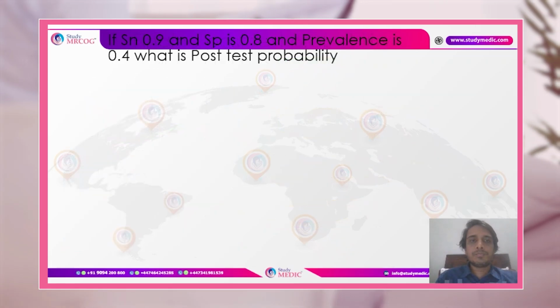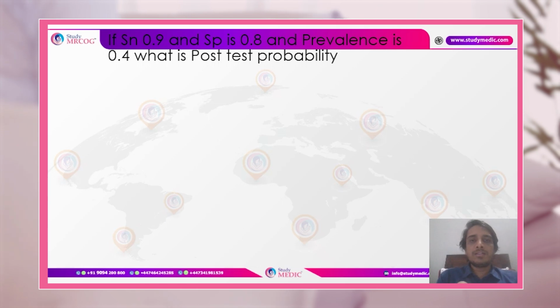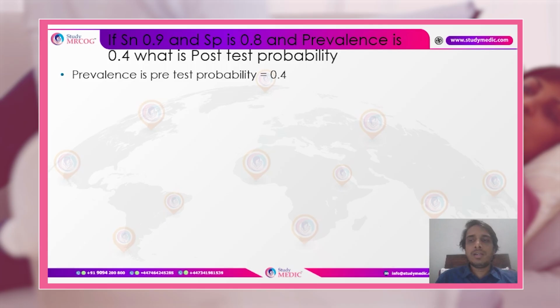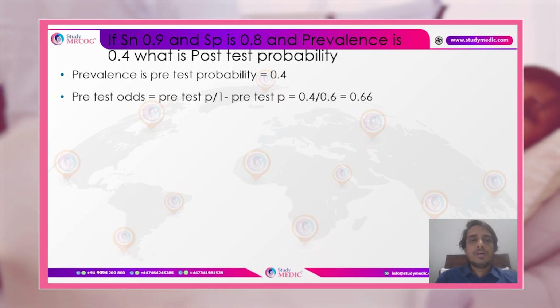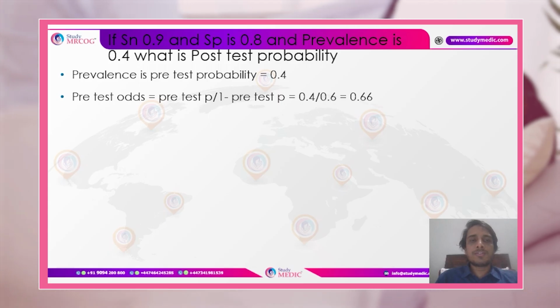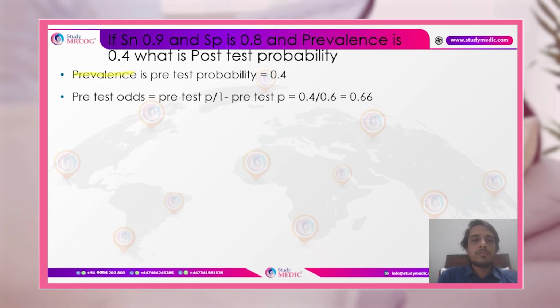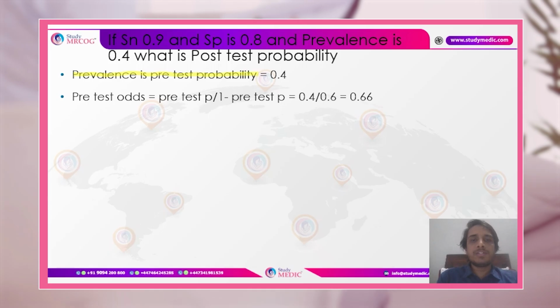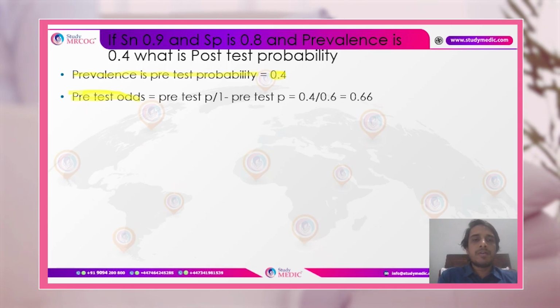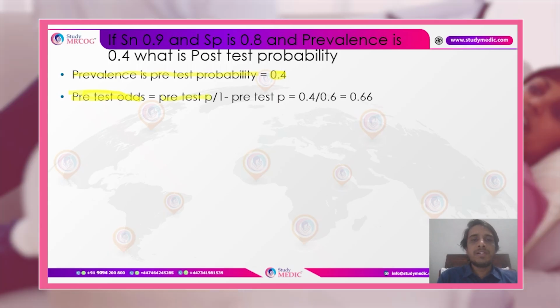If sensitivity is 0.9, specificity is 0.8 and the prevalence is let us say 0.4, that is 40%, what is the post-test odds? Now prevalence we know is nothing but pre-test probability, which is 40%. Pre-test odds is pre-test probability divided by 1 minus pre-test probability.